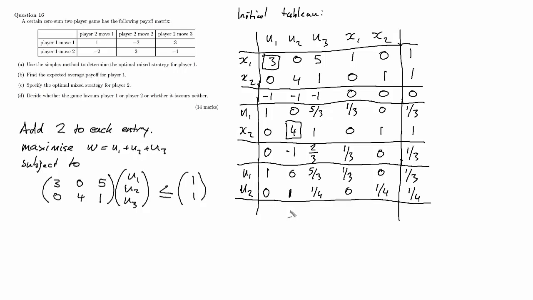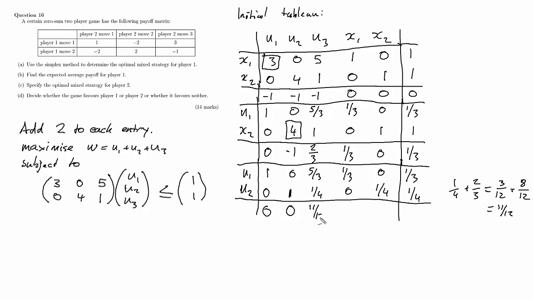We want to make this entry equal to 0, so we add one copy of this row. You get a 0 here. 0 plus 0 is 0. 1 on 4 plus 2 on 3 is equal to 3 on 12 plus 8 on 12, which is 11 on 12.